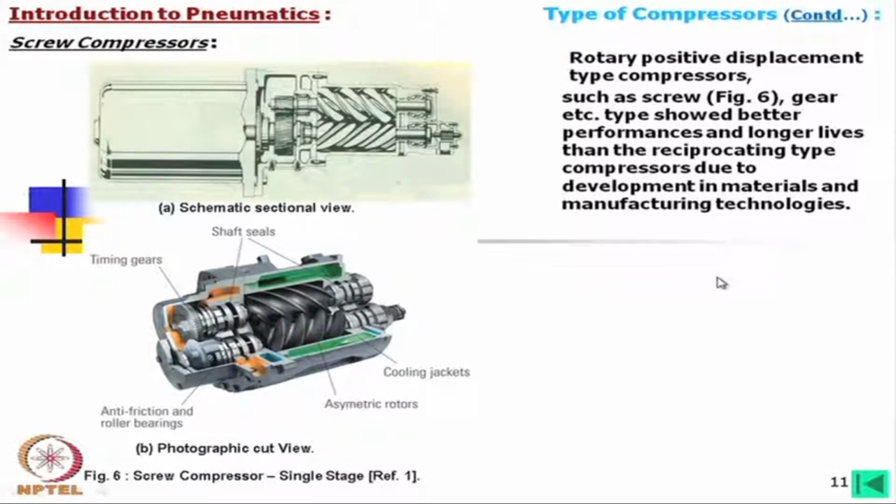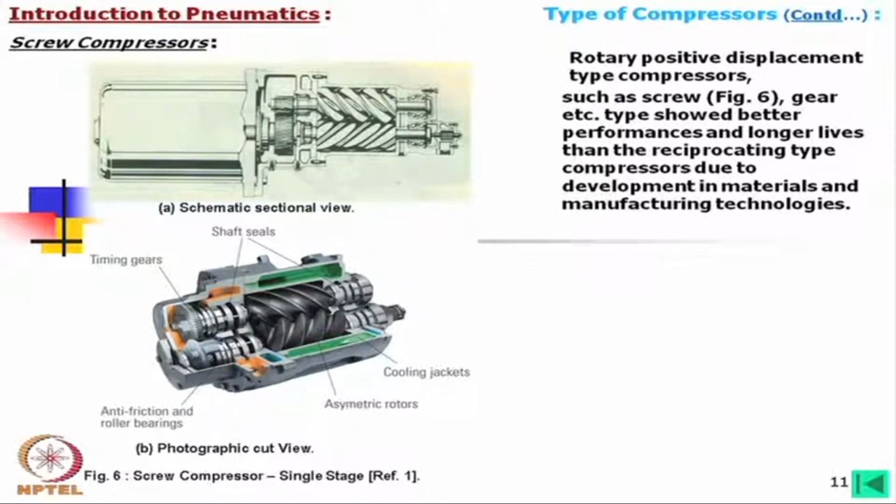Now, what is found is that this type of compressor has a much better life, and it can perform better in high pressure. Of course, if you think in terms of volume, that will be less in comparison to the reciprocating type.